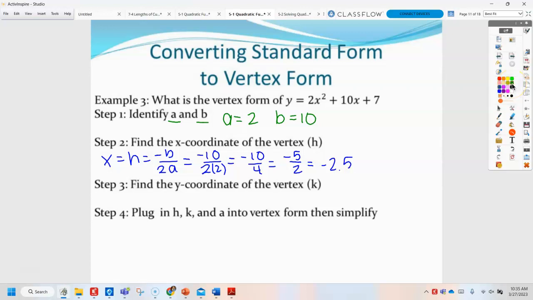To find your K value, we plug that into the original problem. So negative 5 over 2 squared becomes 25 over 4. 2 times 25 over 4 becomes 12.5, or 25 over 2.